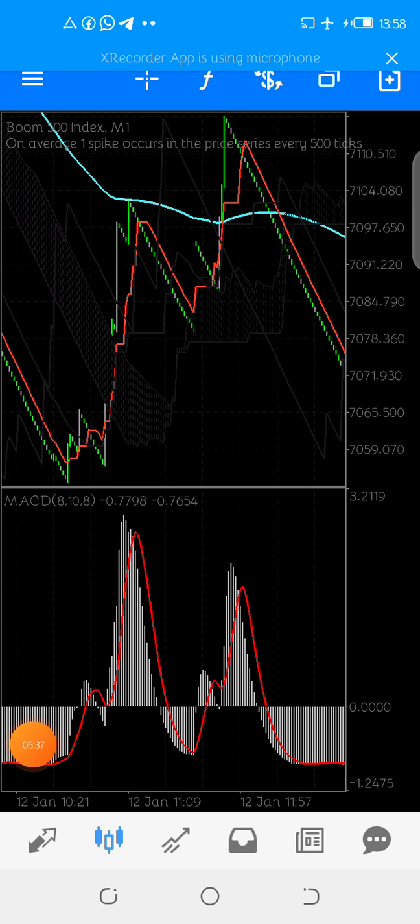This MACD here is very big, and then we come and get a small one here. Immediately after this first spike, this divergence here, you will know that another one will come, especially if we're coming to touch the Ichimoku, because we are already around our moving average 200. So we do not need a lot of pressure to cross the trend.